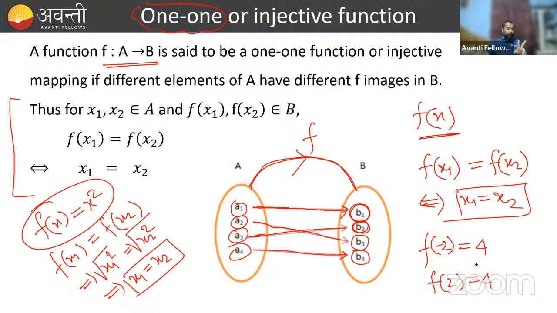So for different elements of set A, you are getting the same images in set B. For different values of x, you are getting the same values of y. That's why it is not 1-1, because it is violating our definition of a 1-1 function. Is that clear to everyone, guys? Clear? Why it is not 1-1?